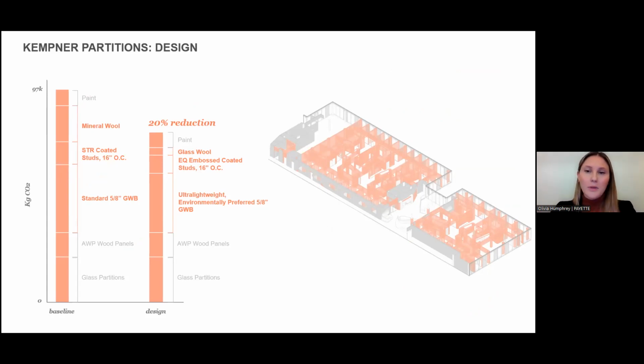For the studs, we swapped to embossed studs, so that basically allowed us to use a lighter gauge for the same structural values. And we swapped from standard 5/8-inch gyp to an ultra lightweight, environmentally preferred 5/8-inch gyp. So it's actually lighter, less material, and they use waste from power plants in their product as well.